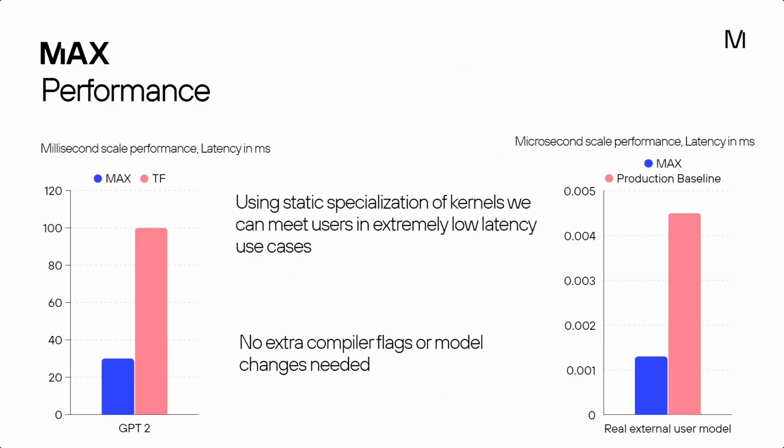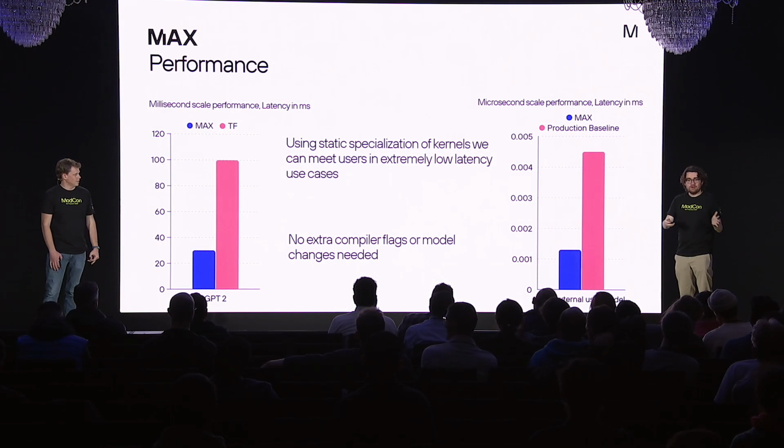So on the left, we have GPT-2, which is essentially a millisecond scale performance model, right? So the TensorFlow runs in 100 milliseconds. And what we have here is a real external user who came to us with a real problem they have in their production system. And they have a production baseline that's measured in microseconds, around about 50 microseconds. So this is orders of magnitude smaller than the TensorFlow.